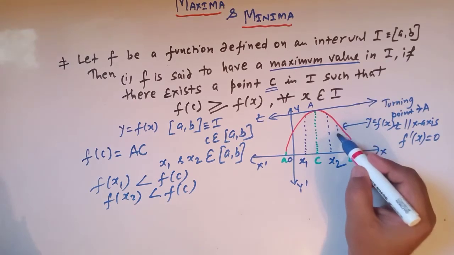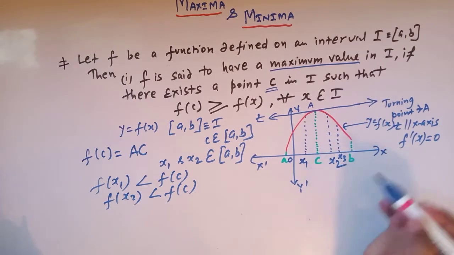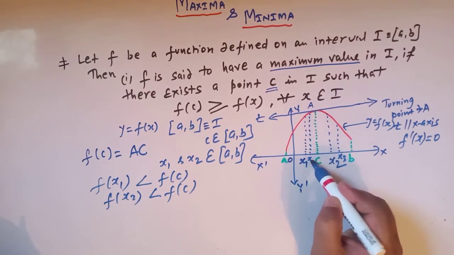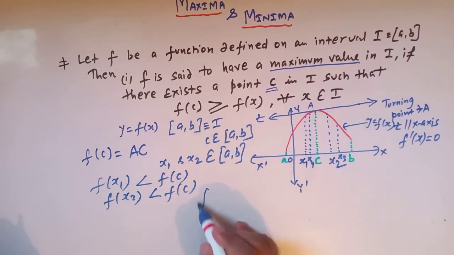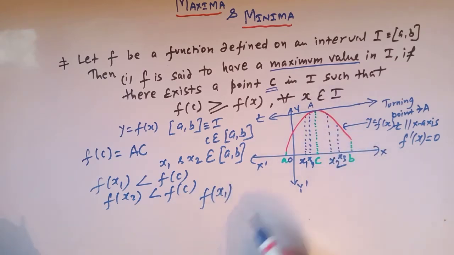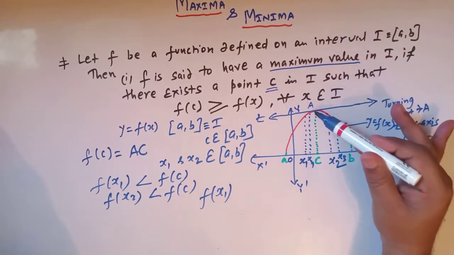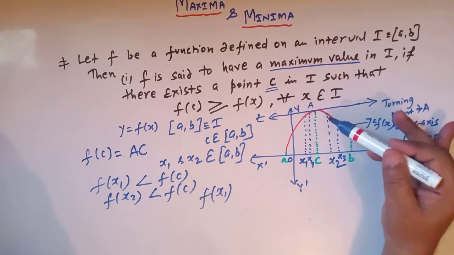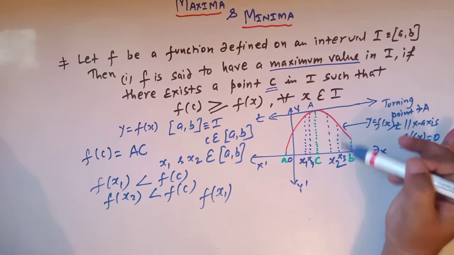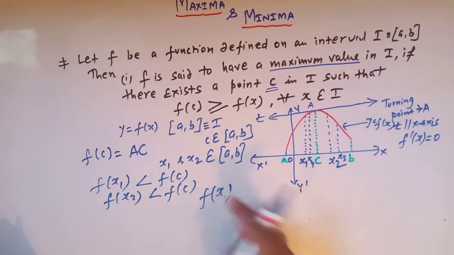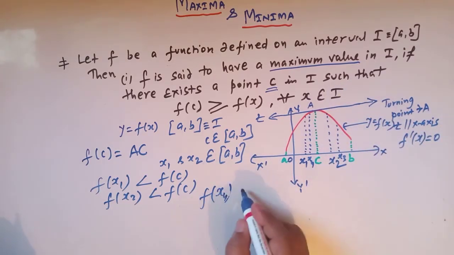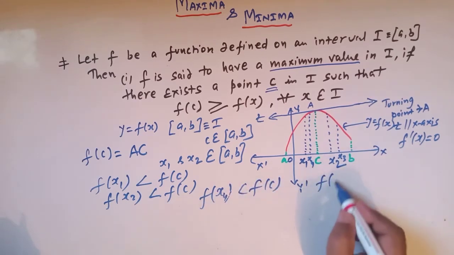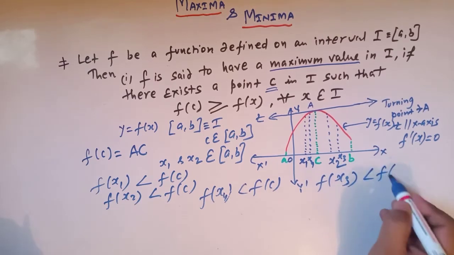If we take any other point, say here x3, and here x4, then we see from this figure that this green line AC is greater than all these blue dotted lines. So f of x4 is obviously less than f of c, and similarly f of x3 is less than f of c.